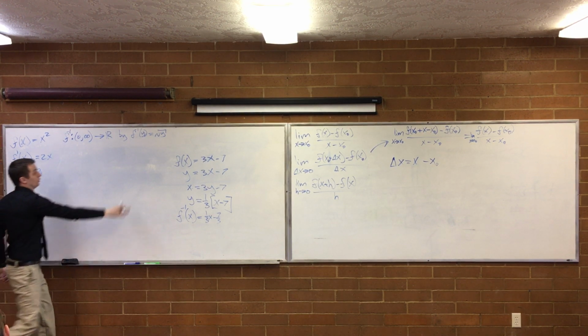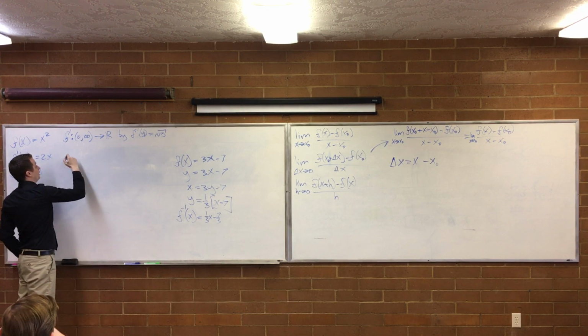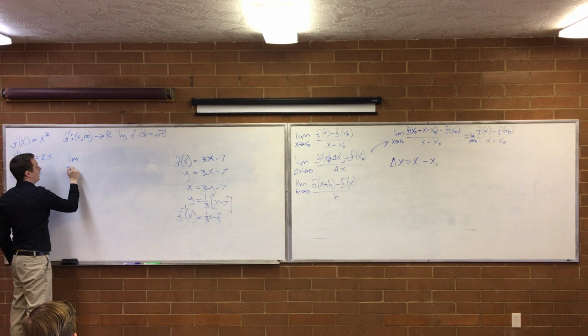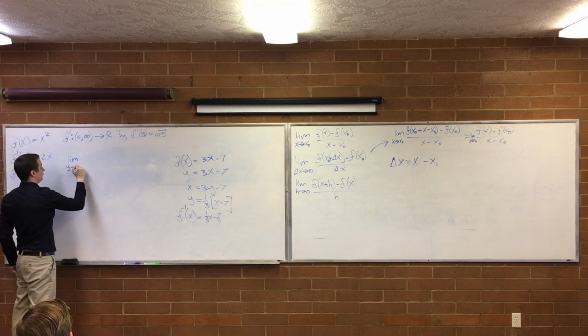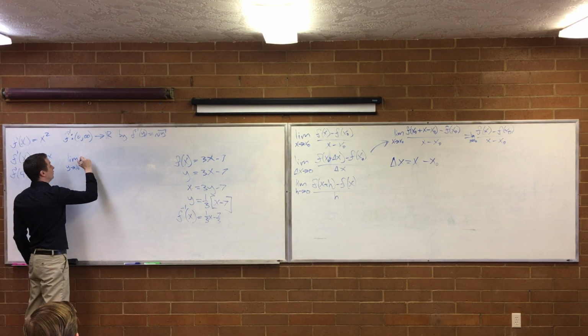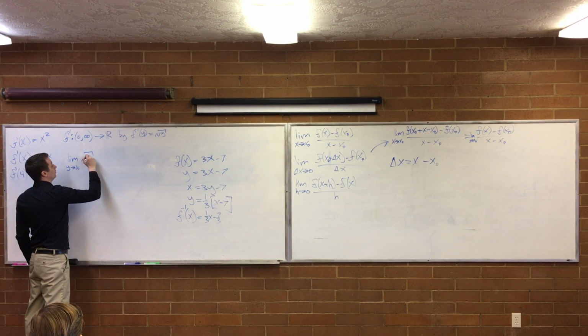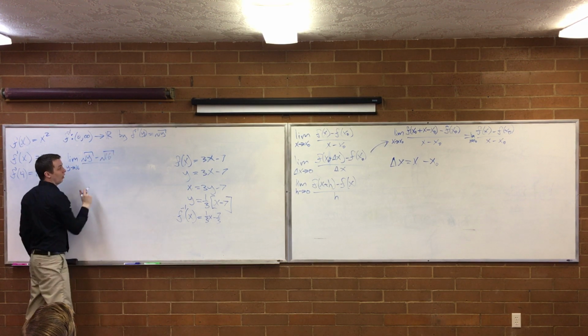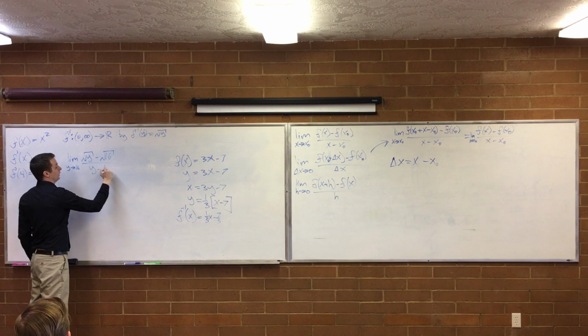So let's see, what do we have? We're taking the limit as y approaches 16 of the square root of y minus the square root of 16, all over y minus 16.